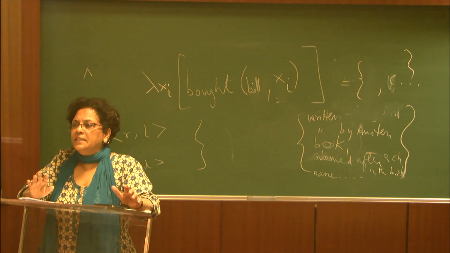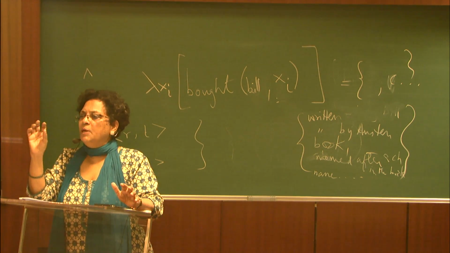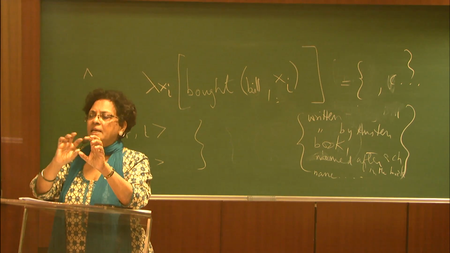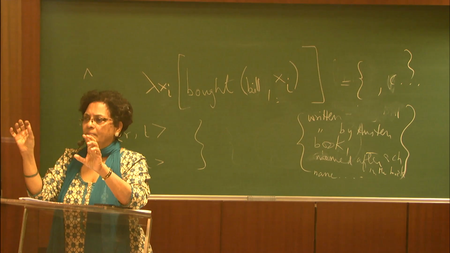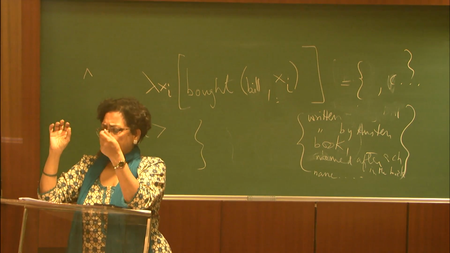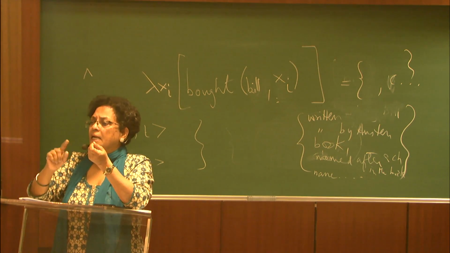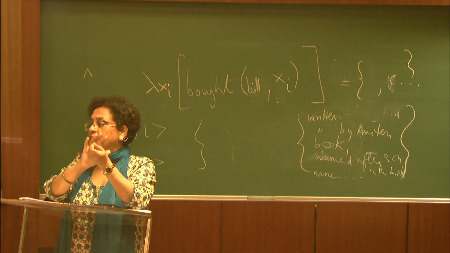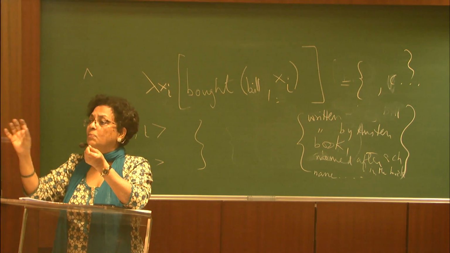So the idea is, instead of it denoting Bill bought x sub i, it's going to say P is equal to Bill bought x sub i. So this P, we'll see how you can use it later, okay? But that's what's getting introduced there. Later we'll abstract over it and we'll say the set of propositions P such that it is equal to Bill bought x sub i.